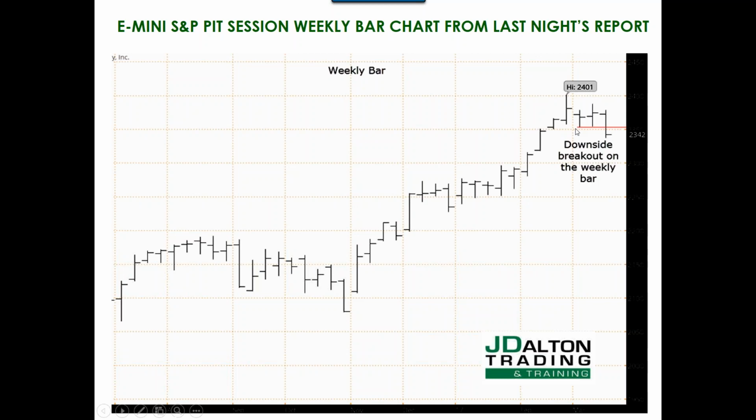Looking at the weekly bar, we have a downside breakout from two balancing weeks. The weekly bar is going to break either with or ahead of the monthly bar.